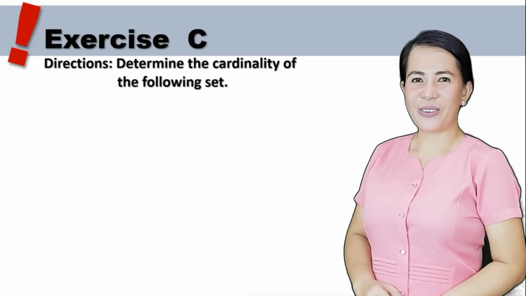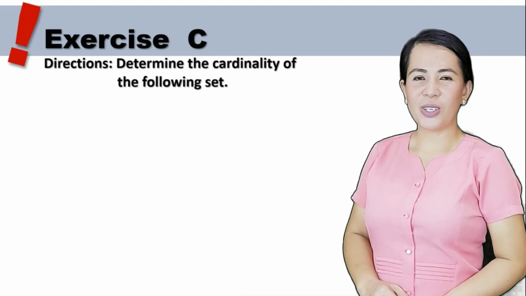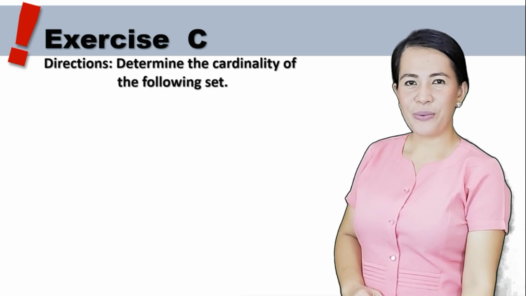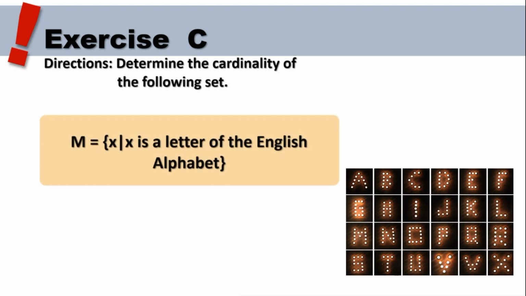Exercise C. Directions: Determine the cardinality of the following sets. Number 1. M is equal to the set that contains X such that X is a letter of the English alphabet. How many letters are there in the English alphabet?